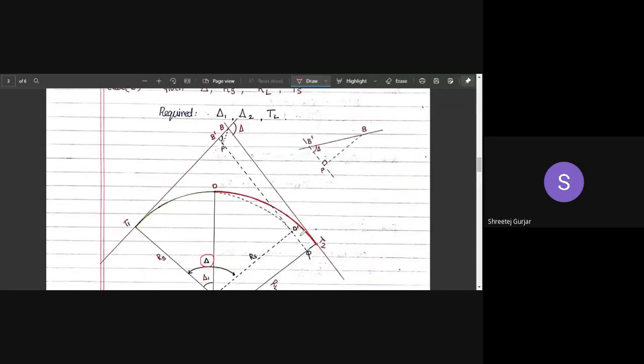Similarly, to this tangent QP, or B dash Q, you draw a perpendicular line. I know this is not looking perpendicular, but understand that this is a perpendicular line, B to P. From here it has to intersect at B, and this line has to be perpendicular to this tangent B dash Q.